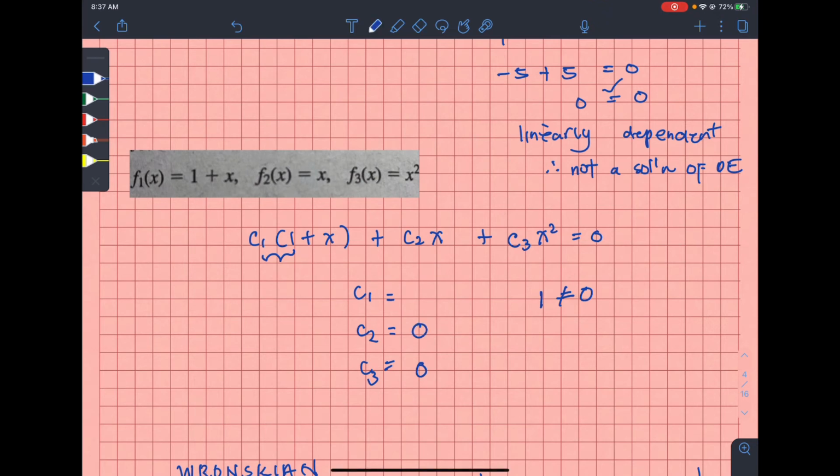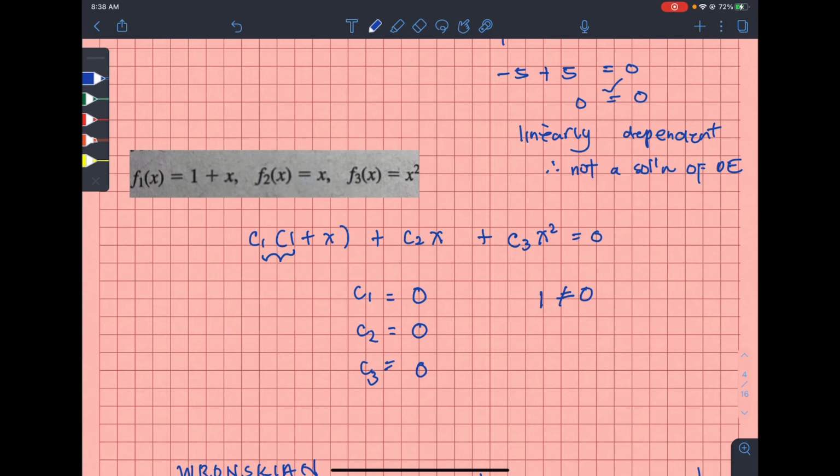Okay. But if we make c2 equal to 0, the only way to cancel out 1 plus x would be to make c1 equal to 0 as well, which is not allowed. Okay? The c1, c2, c sub 3 should not all be equal to 0 to make the entire equation equal to 0.